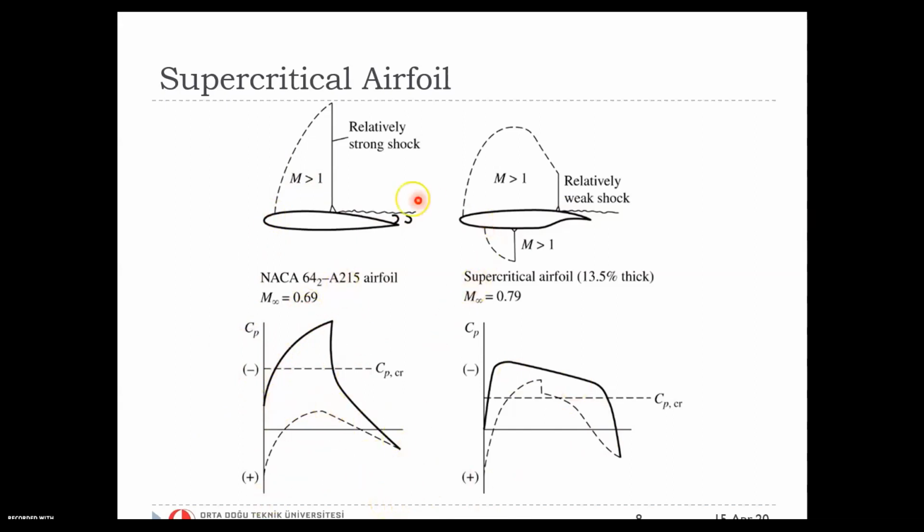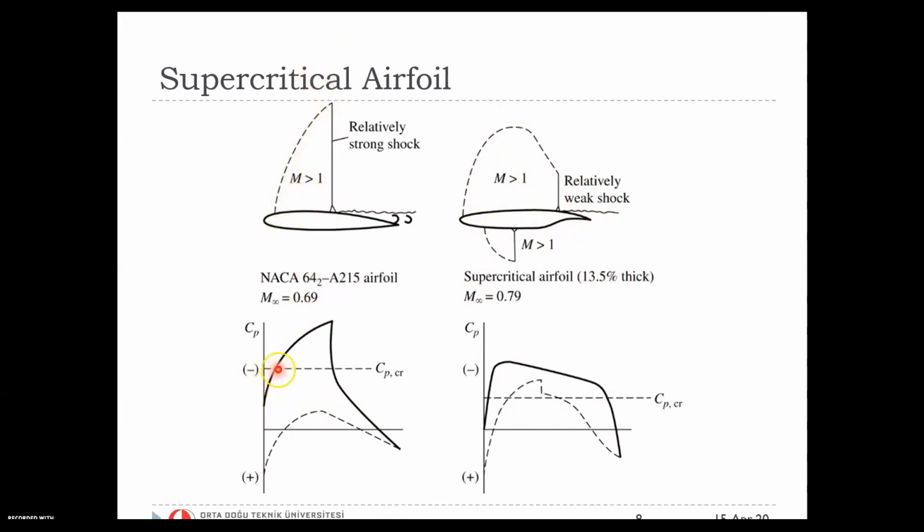The first difference is that in the case of the supercritical airfoil, the supersonic flow region is more limited, or closer to the upper airfoil surface, whereas for the 64 series, it extends more in the upward direction, as you can see.